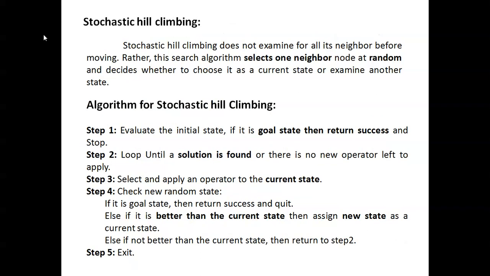And stochastic hill climbing. Stochastic hill climbing does not examine all the neighbors before moving. Rather, this search algorithm selects one neighbor node at random and decides whether to choose it as the current state or examine another state.